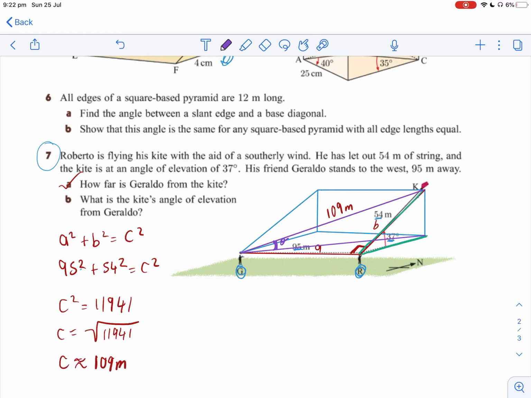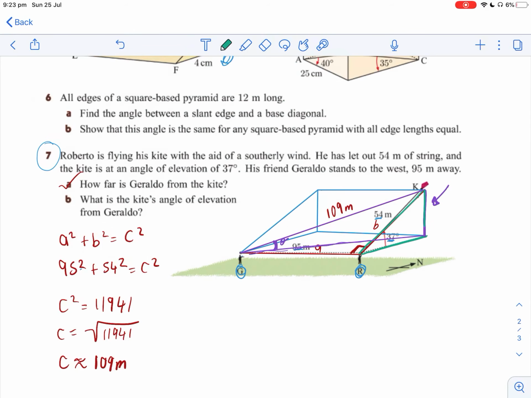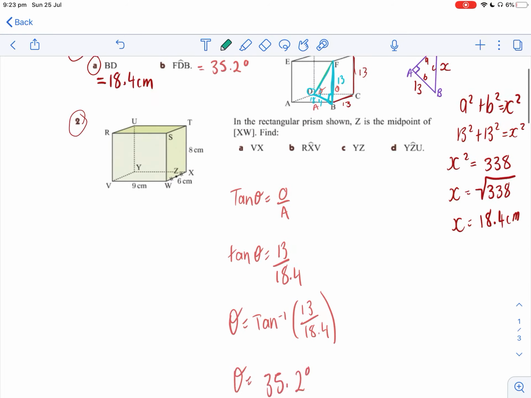So we either need to know this diagonal that goes across here, or we need to know this height here. And we actually have the information for this height. If I go back into my green triangle, you can see that I have a length of 54 here and an angle of 37 degrees here.